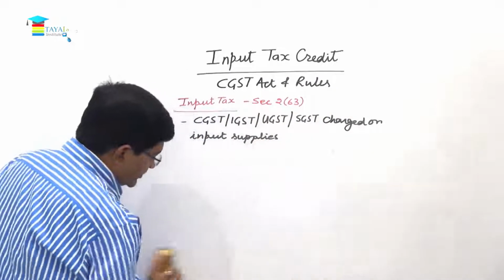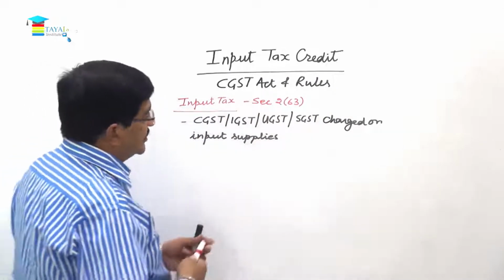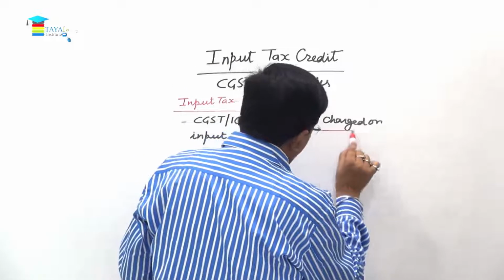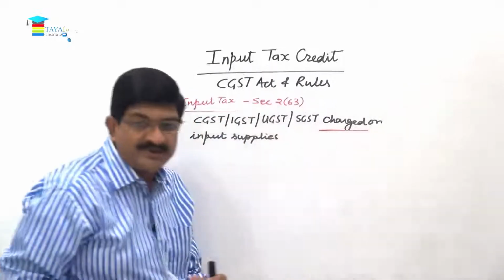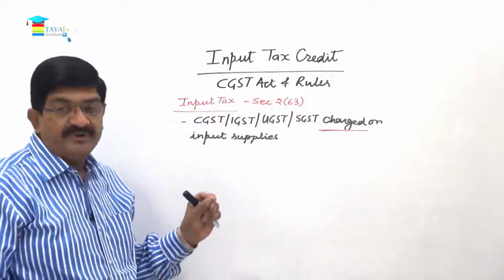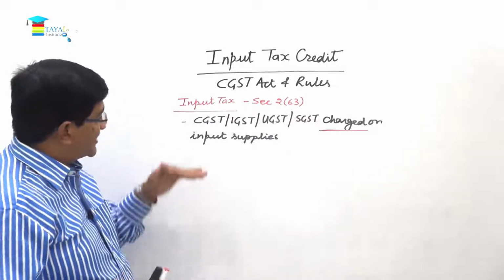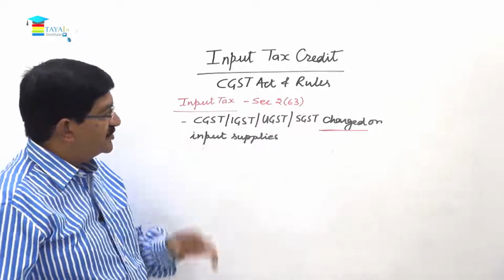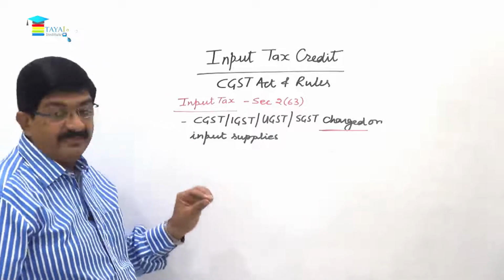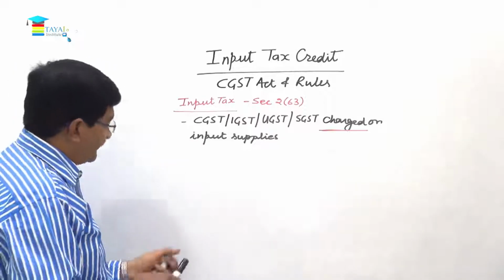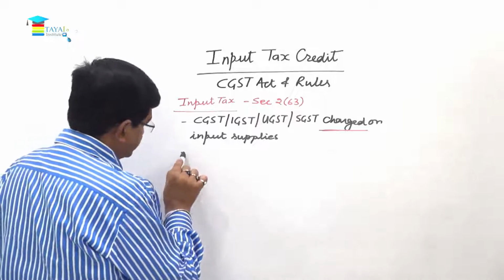So the term is tax charged. So whether paid or not as of today, that is another question that we will discuss later on, but this is the amount of tax charged, and the tax may be CGST, IGST, UGST, etc., for which the credit can be taken, right?